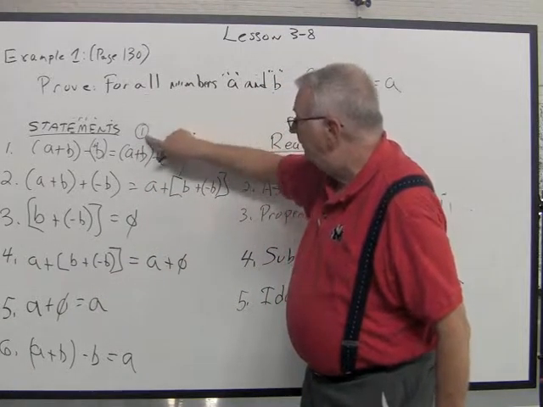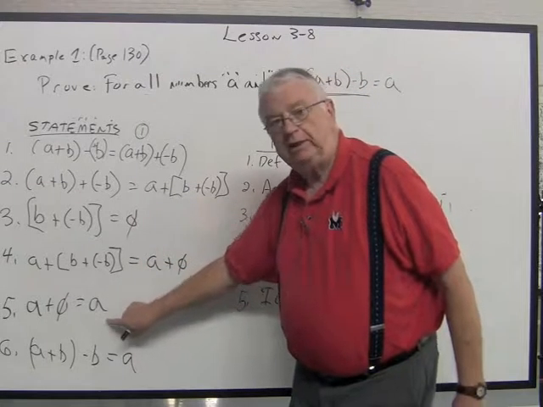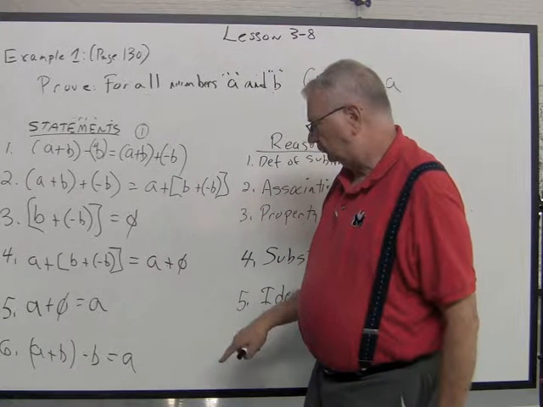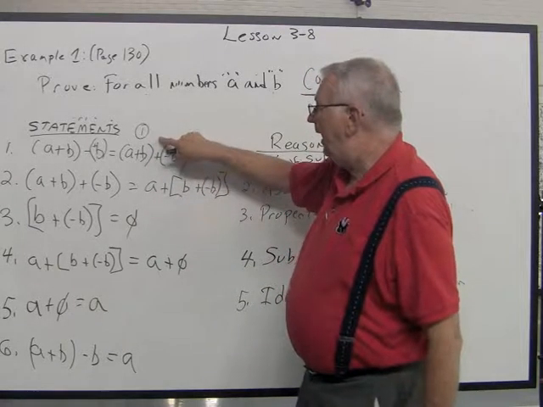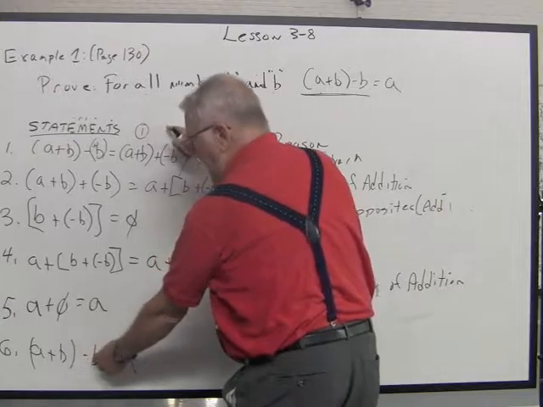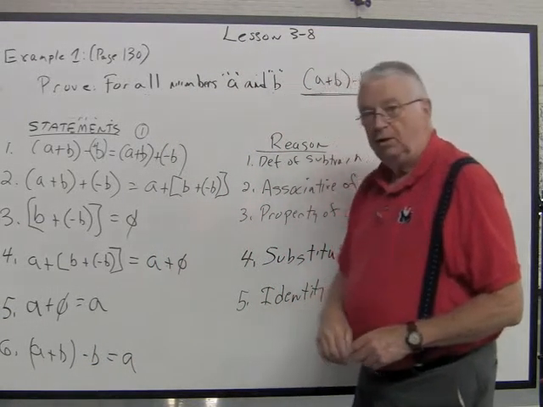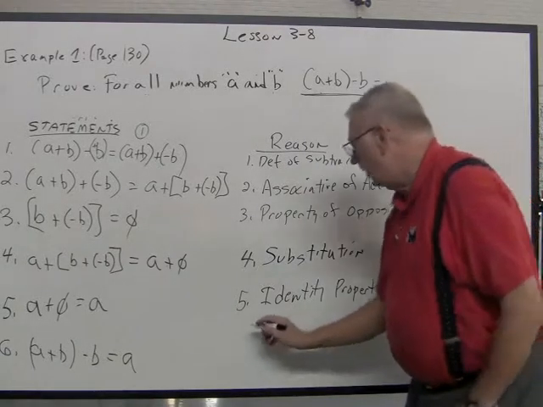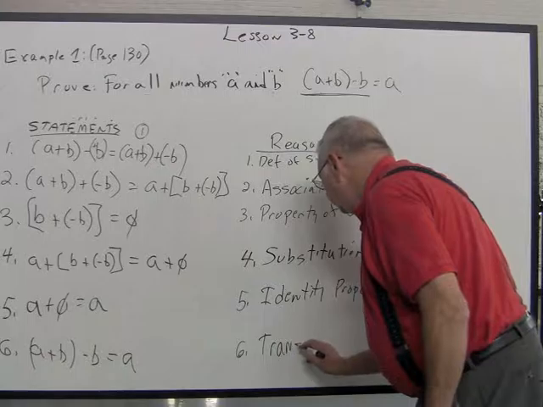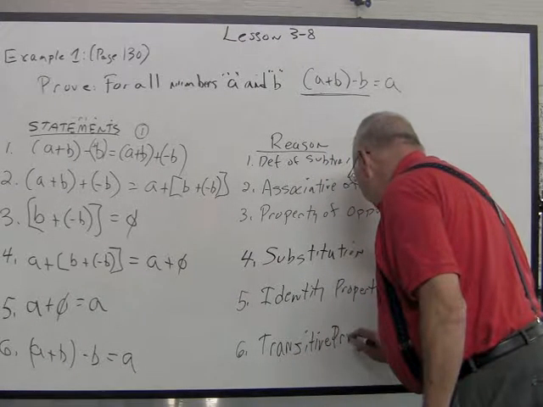So this here is equal to a, and therefore we put the a back up in here. That becomes our a plus b minus b equals a. So this just becomes, they say, the transitive property.